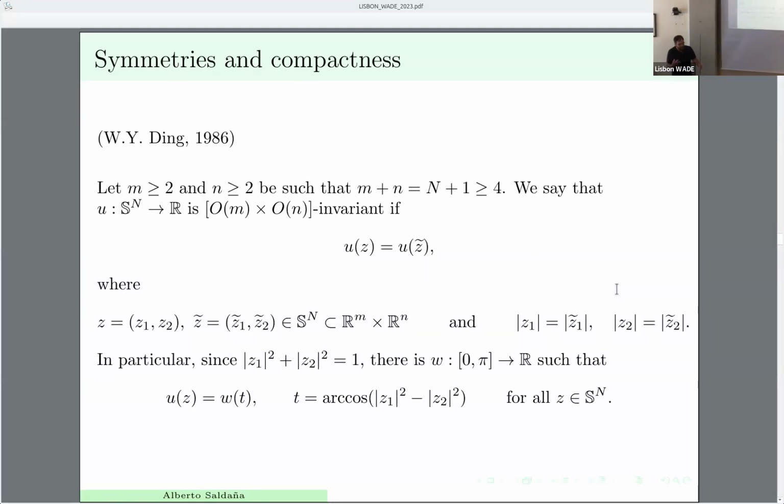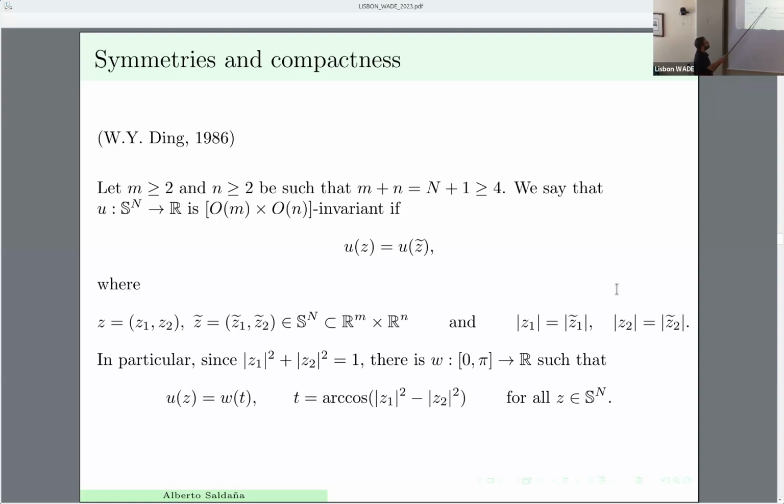So one way of approaching this problem was introducing symmetries that will help you manage the lack of compactness. This was suggested by Ding in 1986. So let us consider functions in the sphere that are O(m) times O(n) invariant. What does this mean?